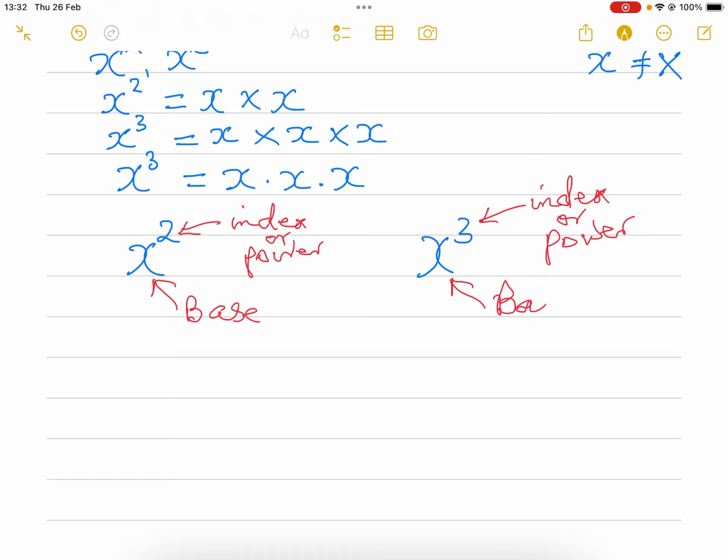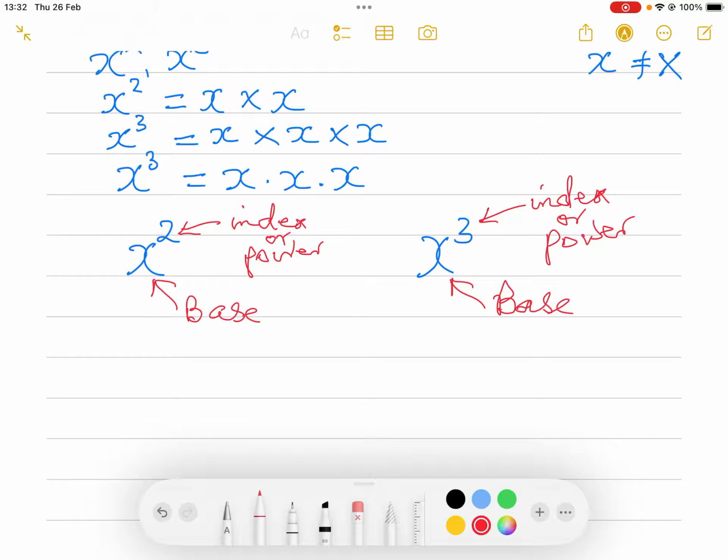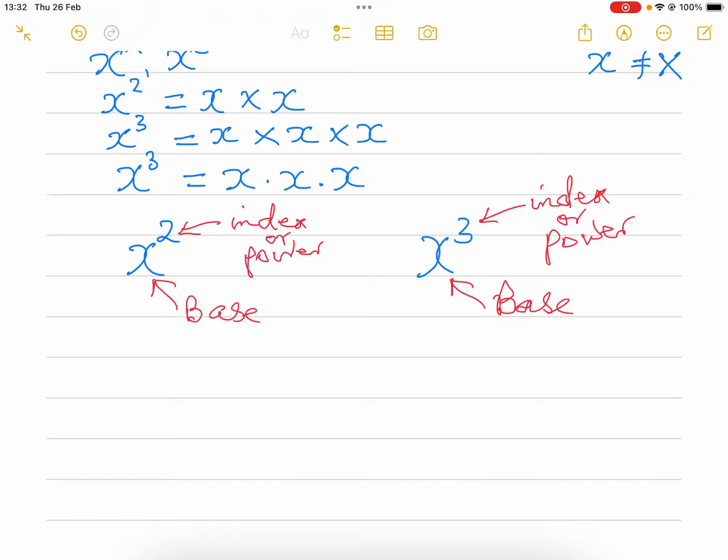All right? The base is the x, the index is the 2.